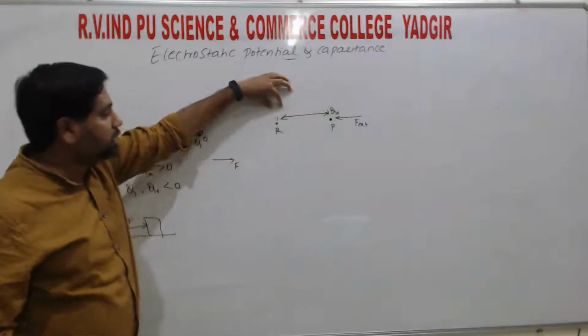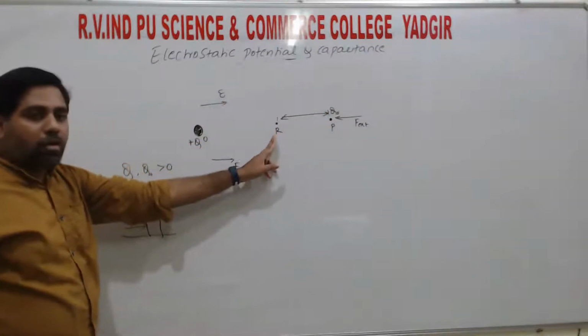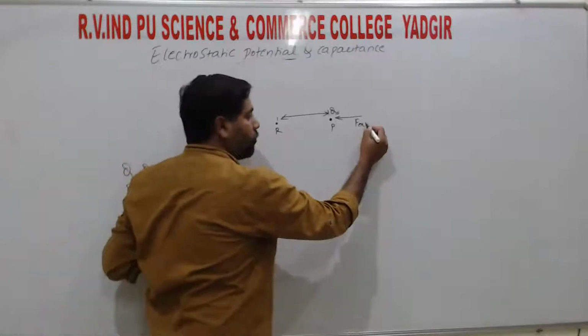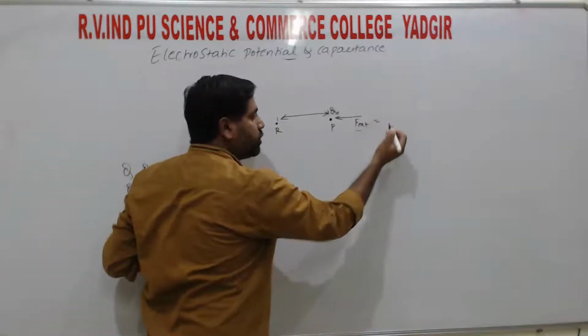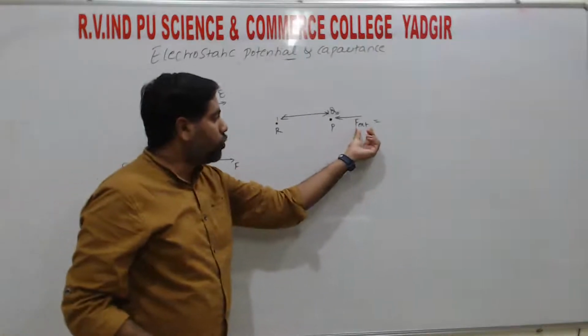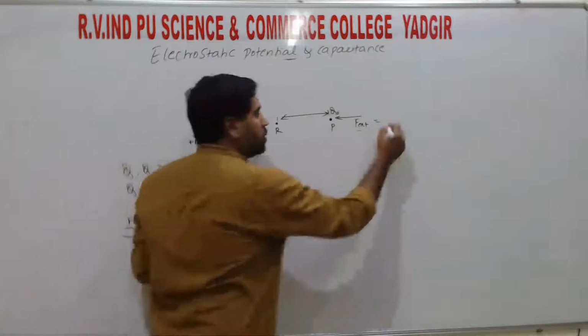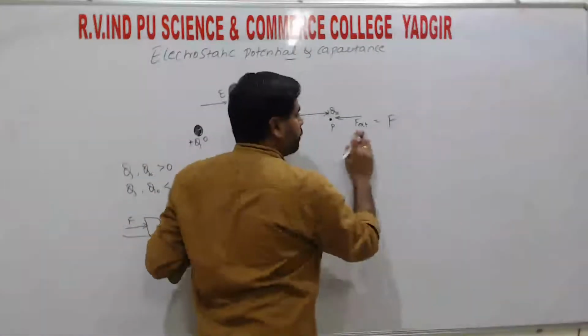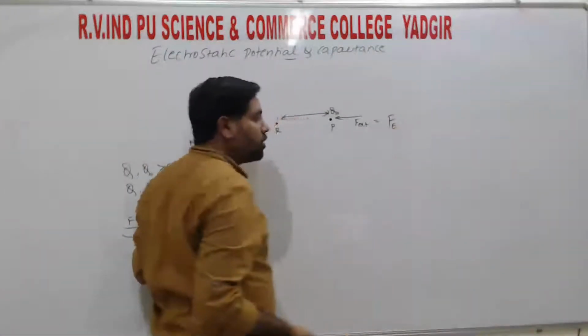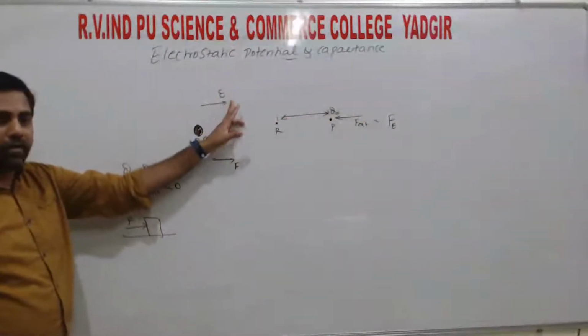Then only it will displace from point P to R. This external force is such that it must balance the Coulomb's force, right? So the external force is almost equal to the Coulomb's force, that is F E or Fc. This is the force due to the electric field, right?